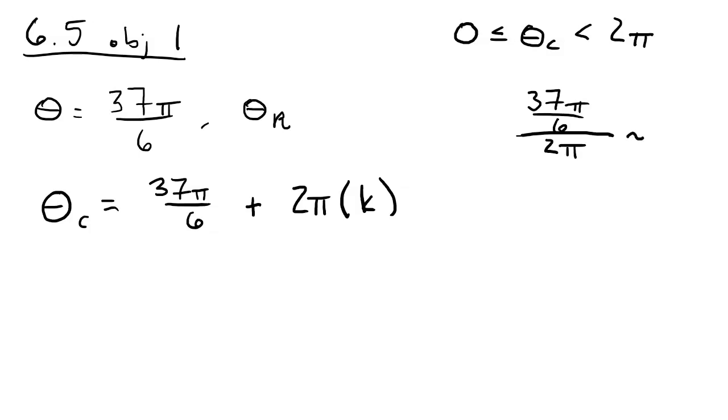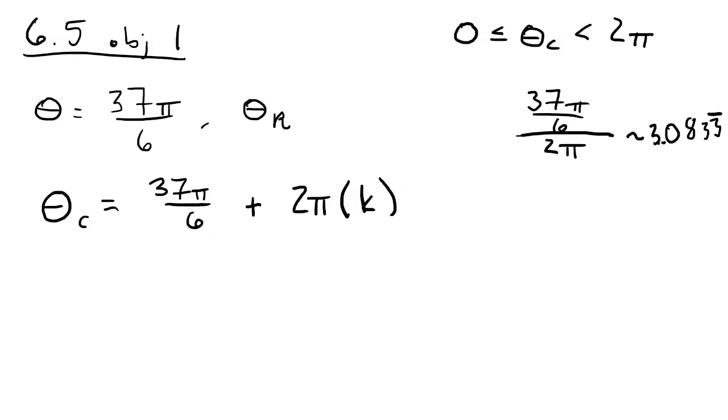I get 3.0833, and that is repeating. If you're not getting this as your answer, remember again to put parentheses around the 2 pi when you're dividing. Otherwise, your calculator will divide by 2 and multiply that answer by pi.